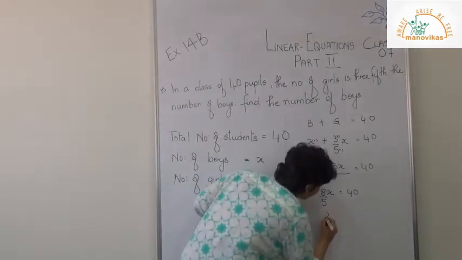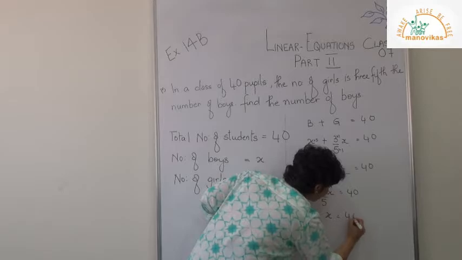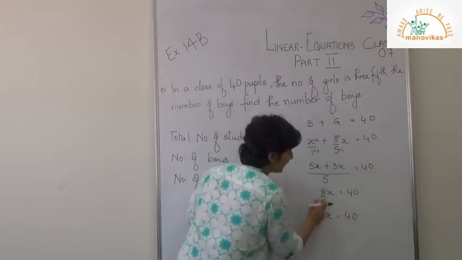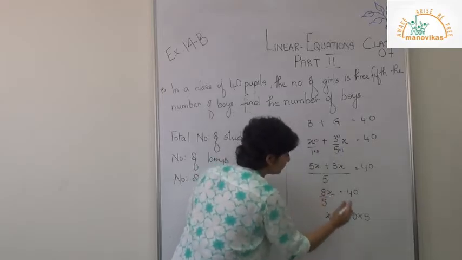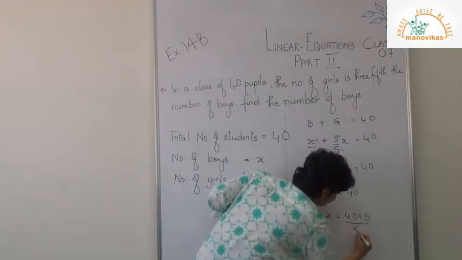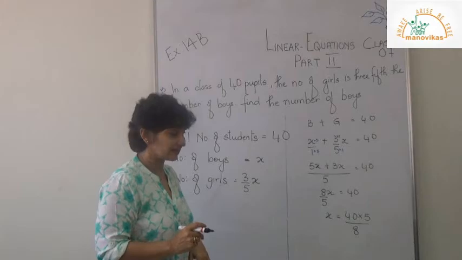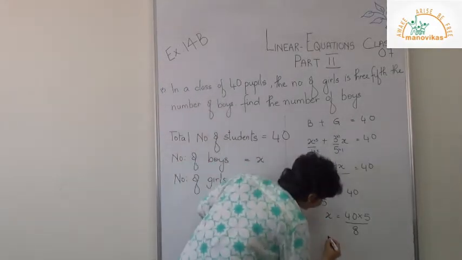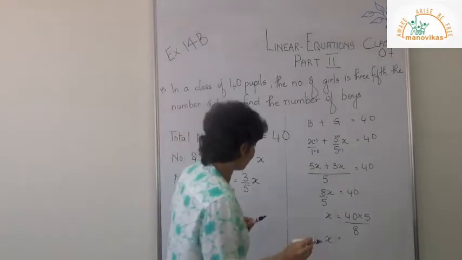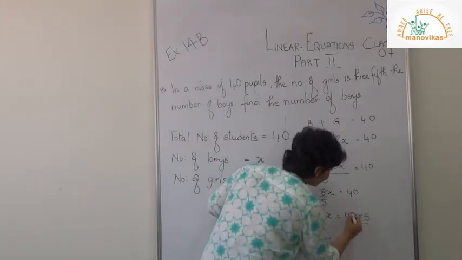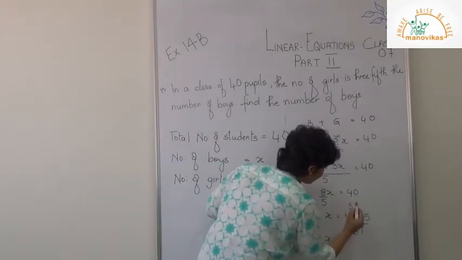So what is x going to be? 40. Now divided by 5 becomes multiplied by 5. And into 8 will become upon 8. Is that clear, children? So when I reduce, x is equal to 8 ones are 8, 8 fives are 40.